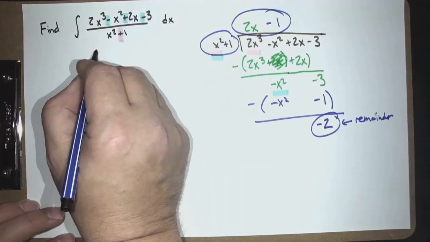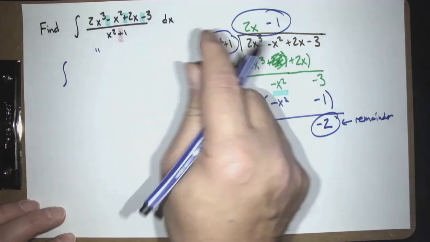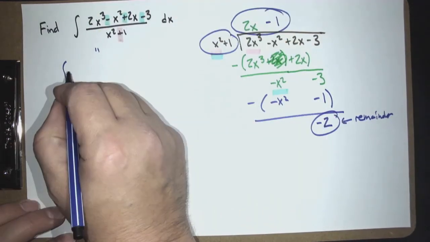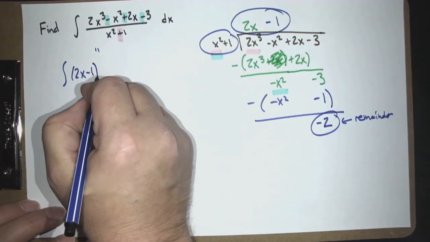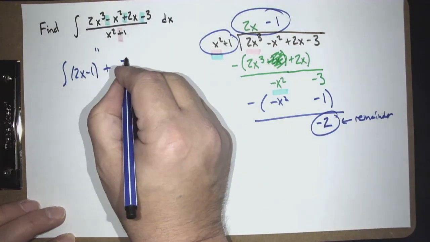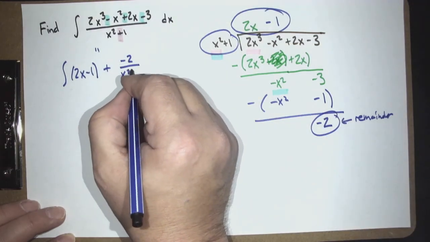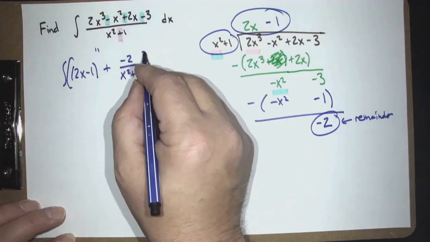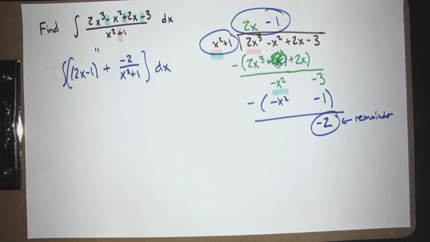So all this is to say, this is equal to what we got here, 2x minus 1, plus the remainder, which we couldn't get, divided by x squared plus 1. We haven't done any calculus. We've all done algebra. This is all algebra.